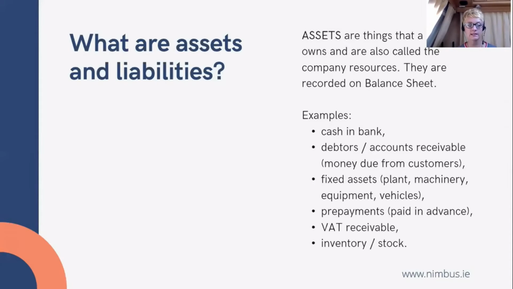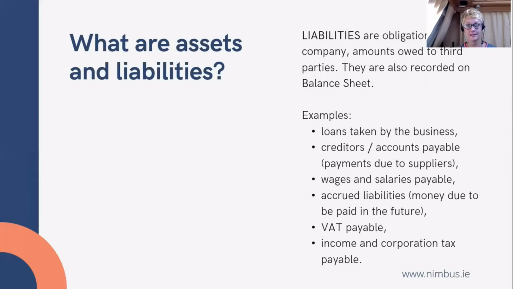All right, let's move on to liabilities. What's the definition? Liabilities are obligations of the company. So these will be amounts owed to third parties like suppliers, like the bank, for instance. Most probably it's quite intuitive to understand what a liability is.